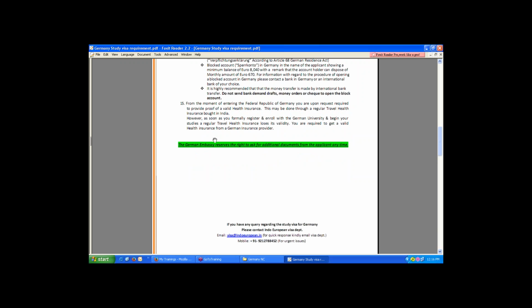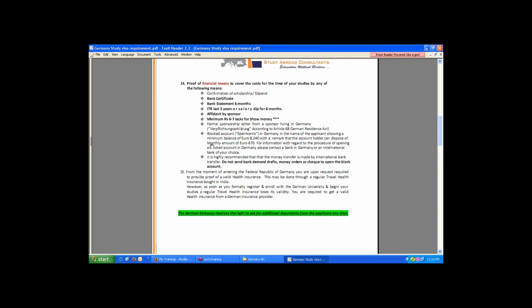If we talk about the block account, the student will have to open a block account in Germany with Deutsche Bank. There are two processes to open a block account. First, the student can contact Deutsche Bank directly in Germany, or second, Indo-European has a Deutsche Bank collaboration and they can open their savings bank account in Deutsche Bank in India, and the bank will convert this savings account into a block account within a week's time.